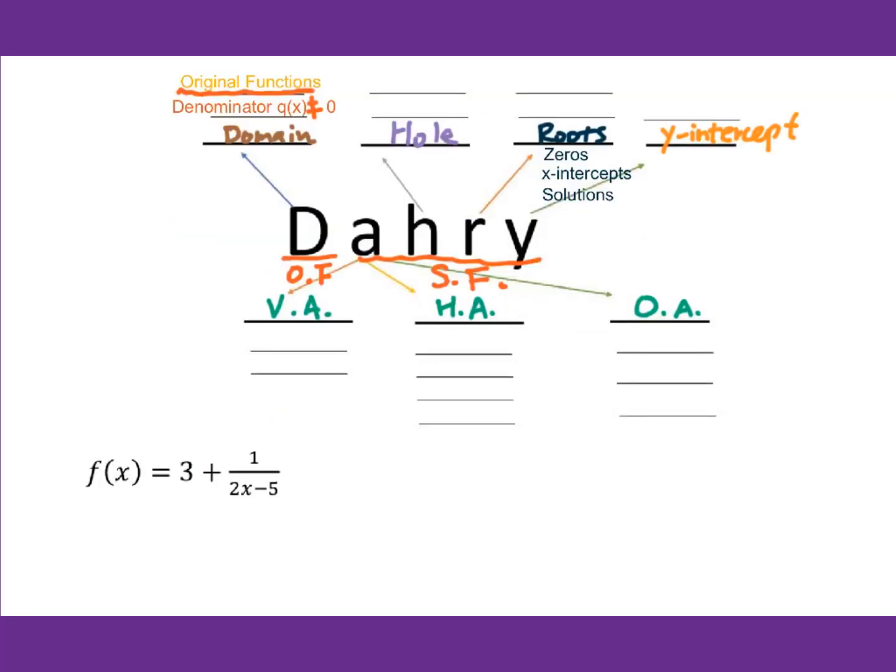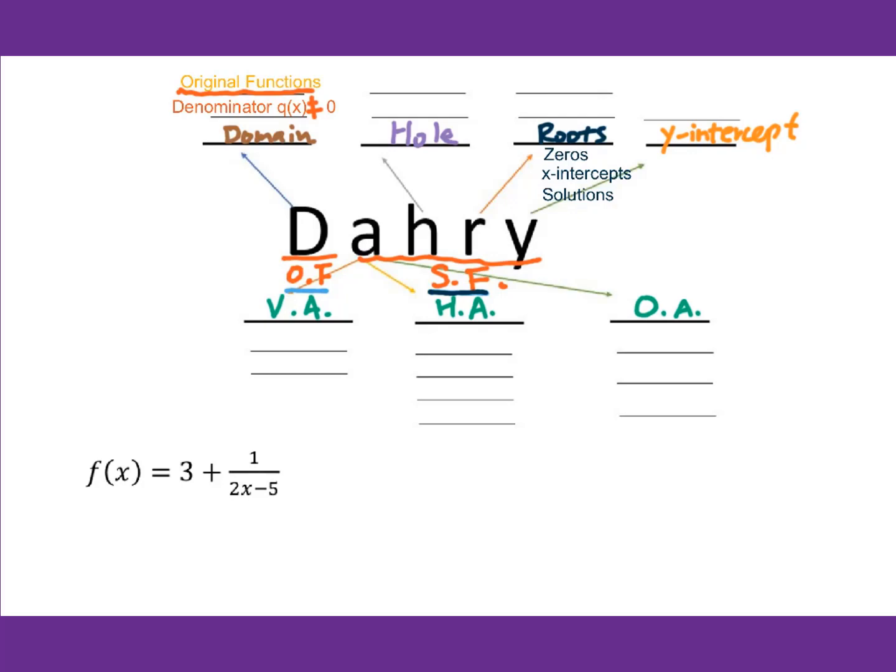What's the difference between original function and simplified function? For a rational function, when the common factor is reduced, we get a simplified function. Therefore, if there is no common factor, then the original function will be the same as the simplified function.